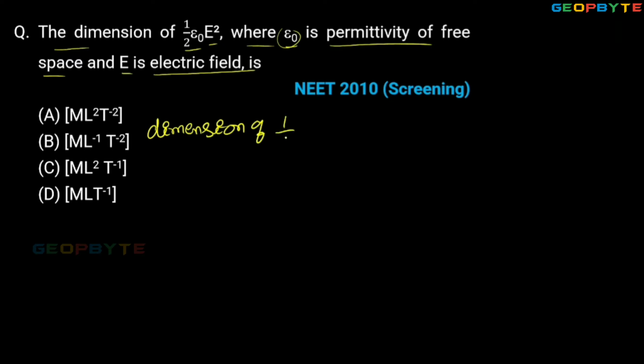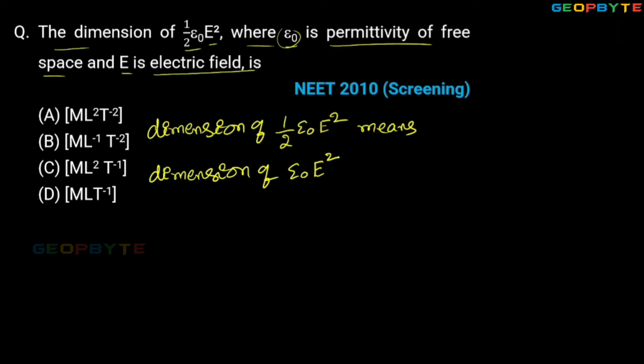dimension of half epsilon naught E square means dimension of epsilon naught E square.